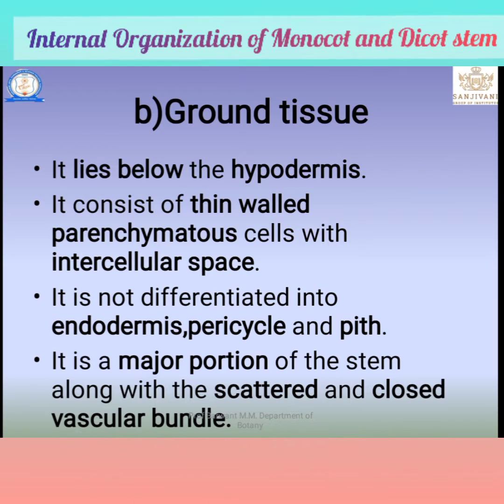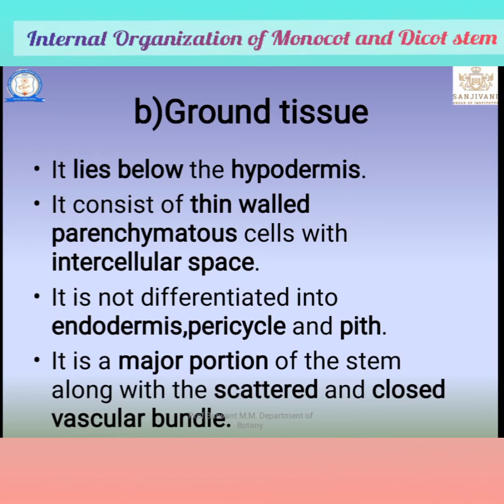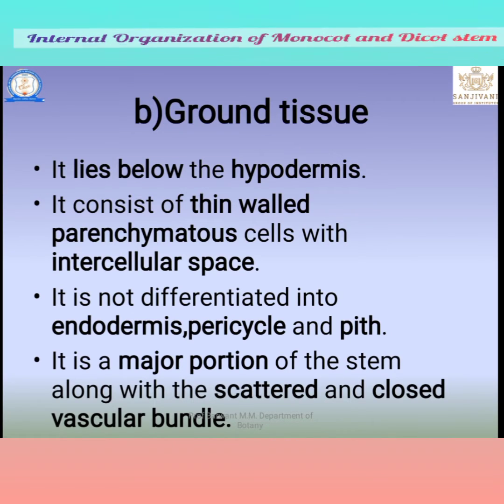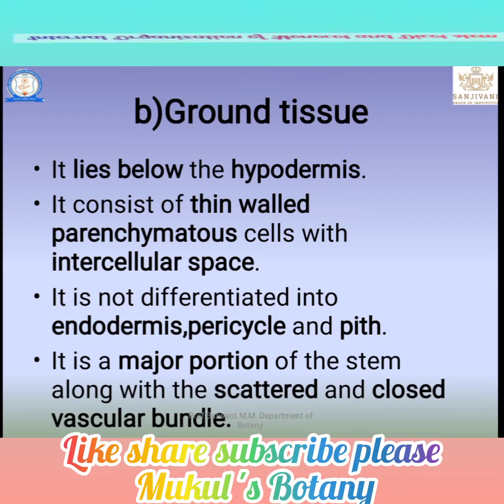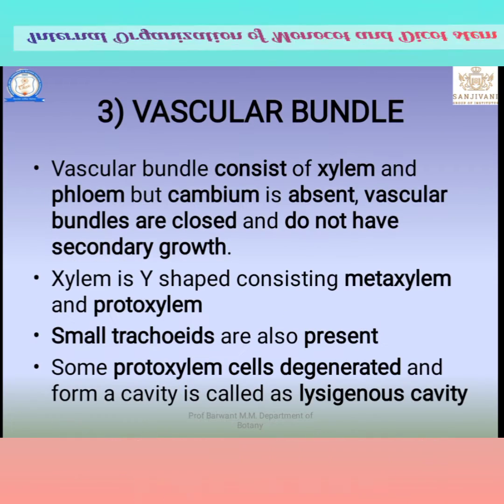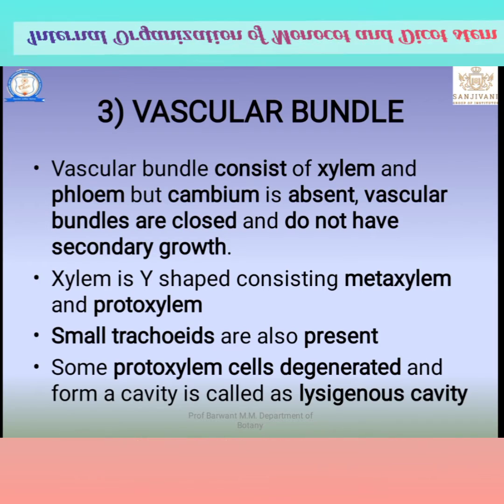Let's underline this sentence: not differentiated into endodermis, pericycle and pith. There are only vascular bundles present. Below the cortex, vascular bundles are directly present, but they are in scattered form. Let's see the vascular bundle. It consists of xylem and phloem, but cambium is absent.